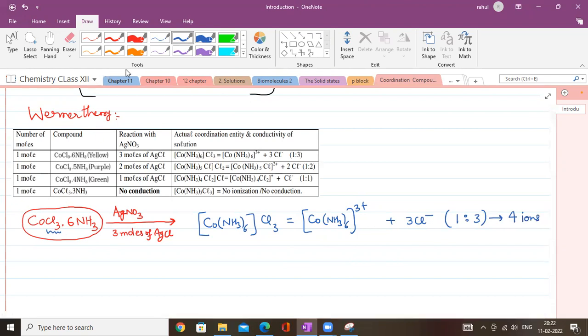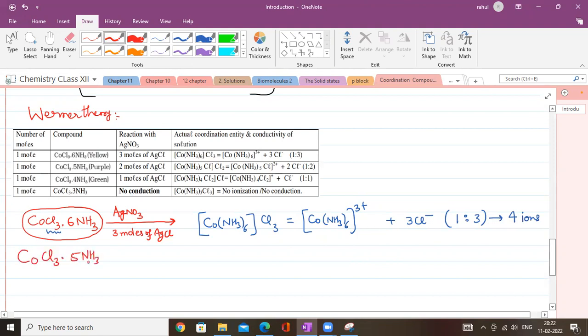Now the second compound which was prepared by him was CoCl3 dot 5 ammonia molecules. I repeat, CoCl3 with 5 ammonia molecules, and when he reacted it with silver nitrate, he saw that it was giving the test for 2 chloride ions. That means 2 moles of AgCl were formed.